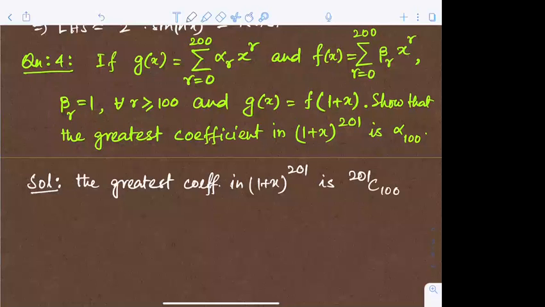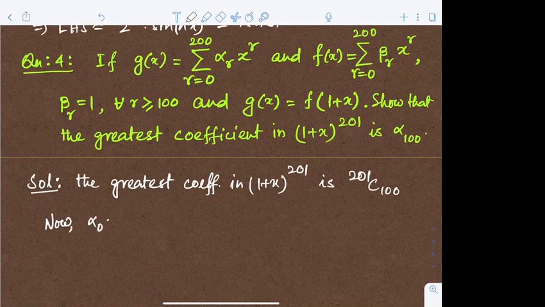That means I can write alpha naught x power 0 or alpha naught plus alpha 1 x plus alpha 2 x square plus dot dot dot plus alpha 200 x power 200. This is our gx. That should be equal to f of 1 plus x.